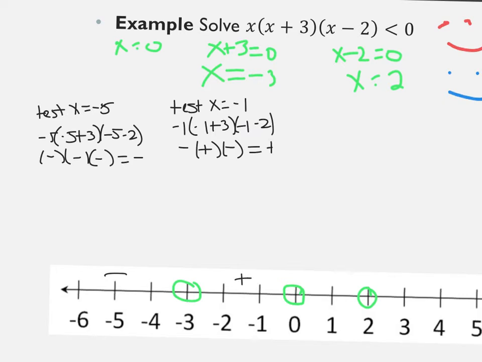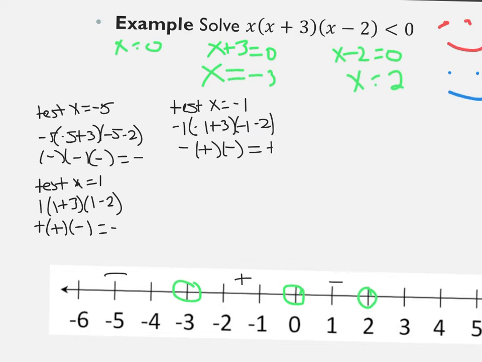Okay, so now we have to test something between 0 and 2. So let's test x equals 1. Okay, so we plug in 1 for all the x's. 1 times 1 plus 3 times 1 minus 2. So we'll put plus, a positive number times a positive number. 1 minus 2 is a negative number. And we know a positive times a negative is actually a negative.